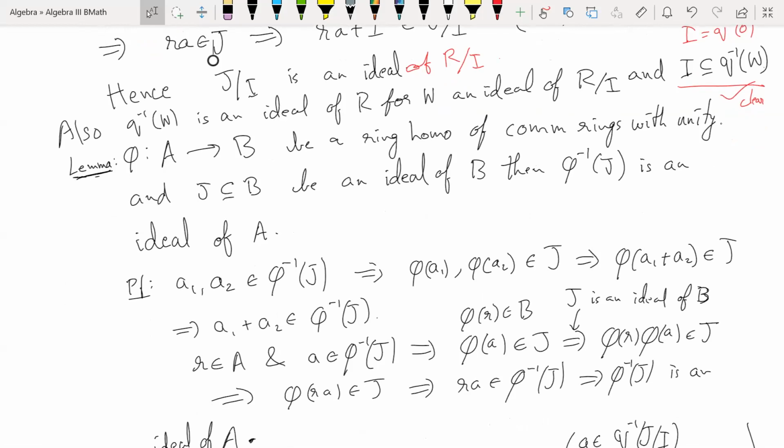And similarly, scalar multiplication is also okay. So let's take an element r in A and a in phi inverse J.